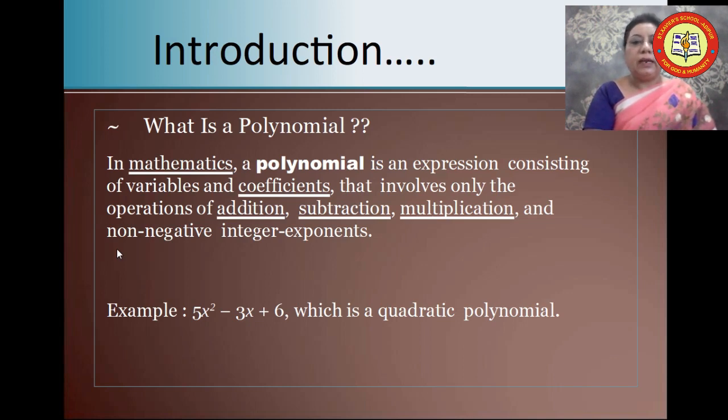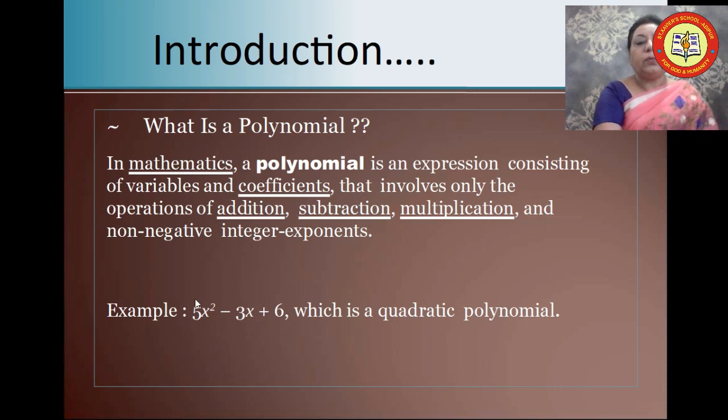So let me first analyze the entire terminology of what is a polynomial. So it is an expression. For example, you can see over here 5x squared minus 3x plus 6 is an expression in which there are three terms. The first term is 5x squared, second term is minus 3x, and the last term is only 6.